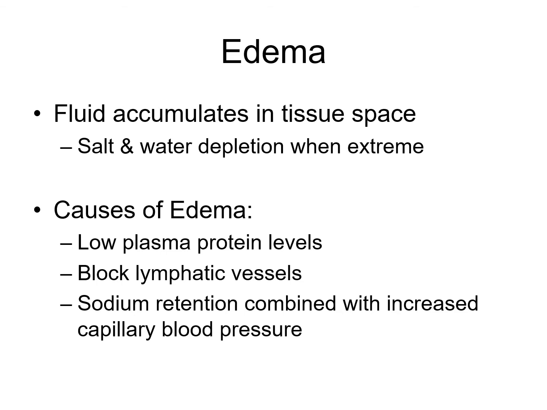So this can happen when the salt and water is depleted to an extreme. So what are the possible causes of edema? When the protein level is very low, when there is a blockage in the lymphatic vessels, when the sodium is retained, this will have an increased capillary blood pressure. So those are the possible causes of edema.